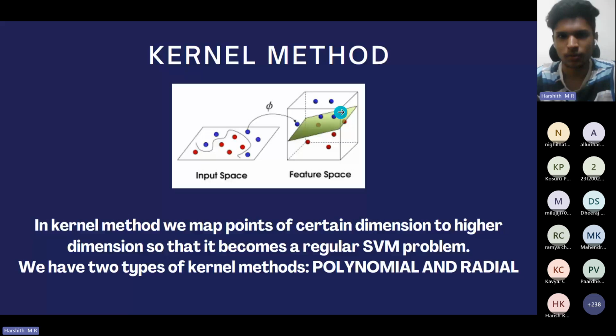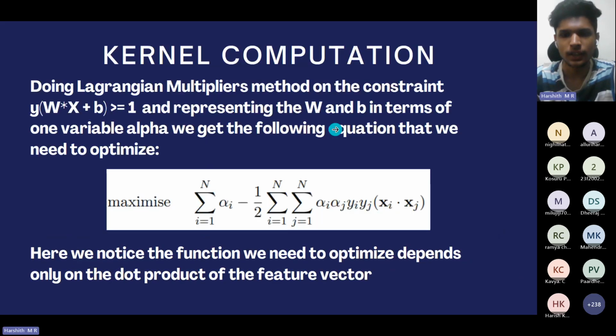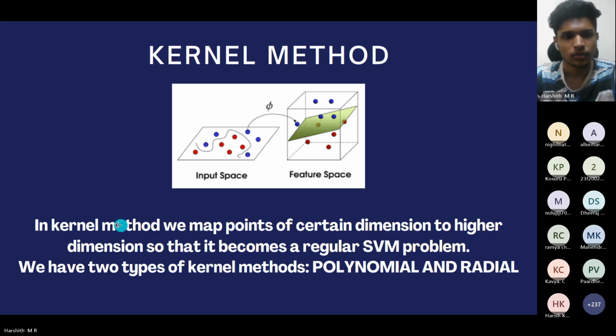That is how kernel methods help in classification. It will map into higher dimension, and in that higher dimension, you can apply your regular constraints and get the optimal values. There are two types of kernel methods, polynomial and radial. We'll see them in the next slides.